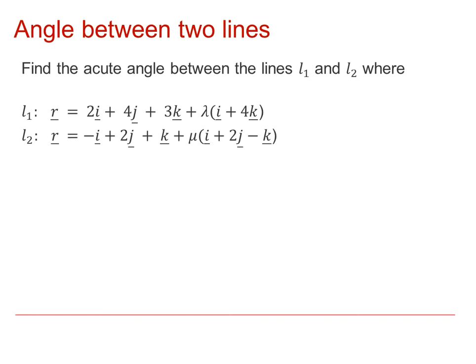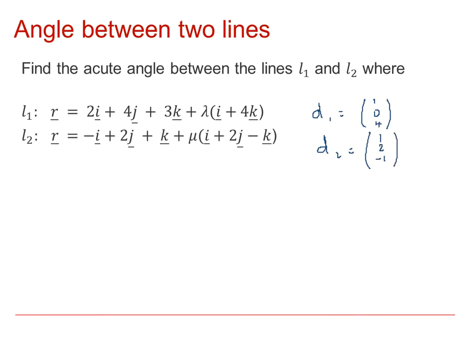So for this example, we have that d1 is the vector 1, 0, 4, and d2 is the vector 1, 2, negative 1.